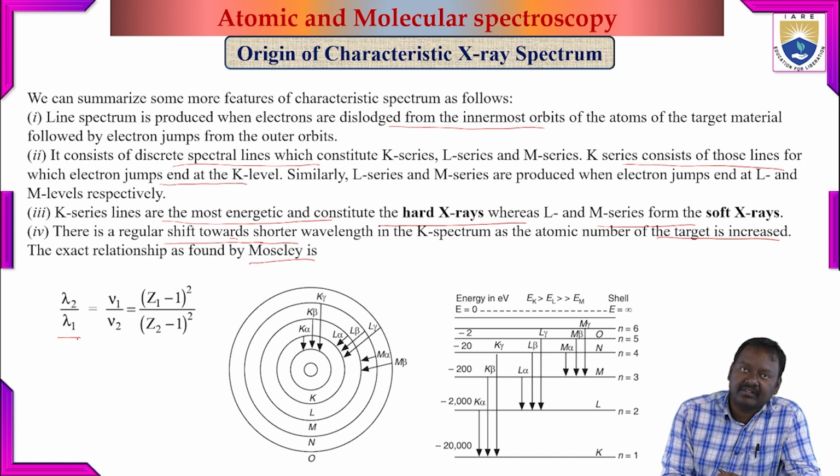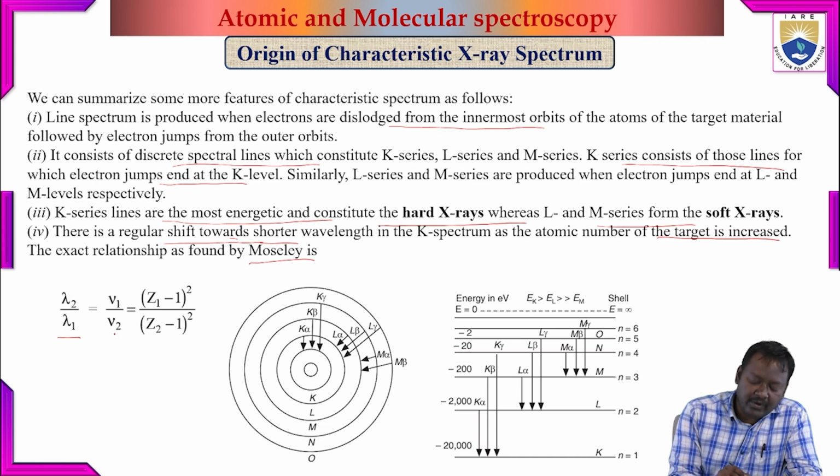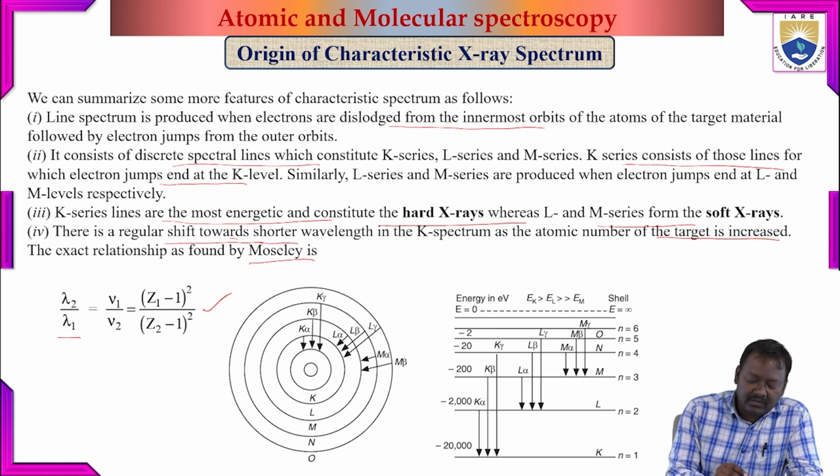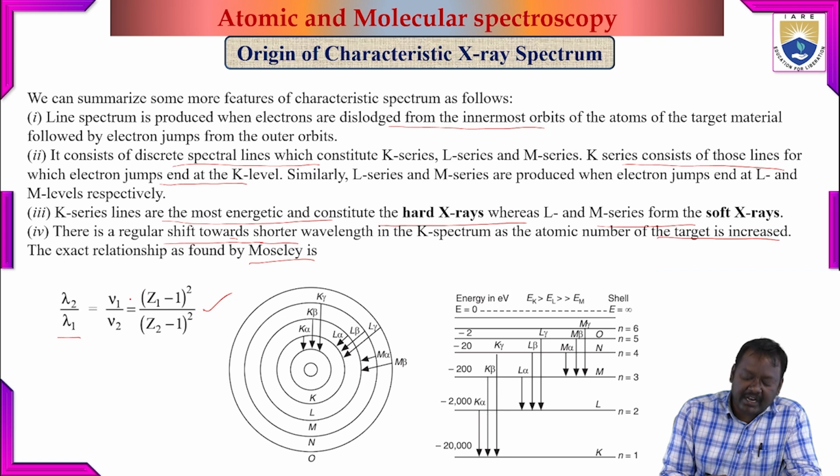Lambda 2 by lambda 1 is equal to nu 1 by nu 2, and it is equal to (Z1 minus 1) whole square by (Z2 minus 1) whole square. So here, Z1 is the atomic number of the first target material, and Z2 is the atomic number of the second target material.